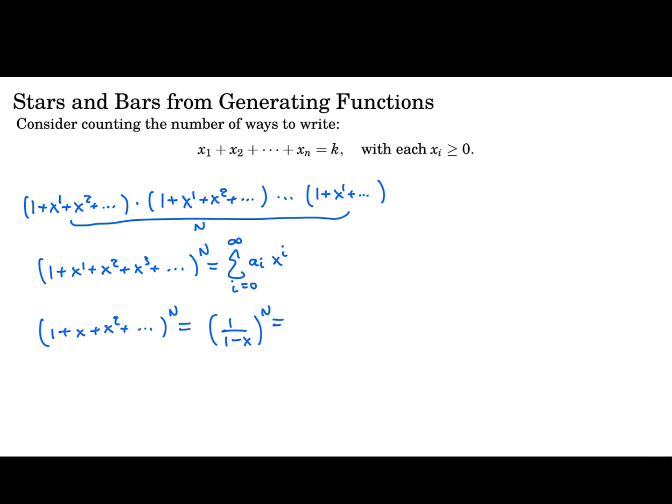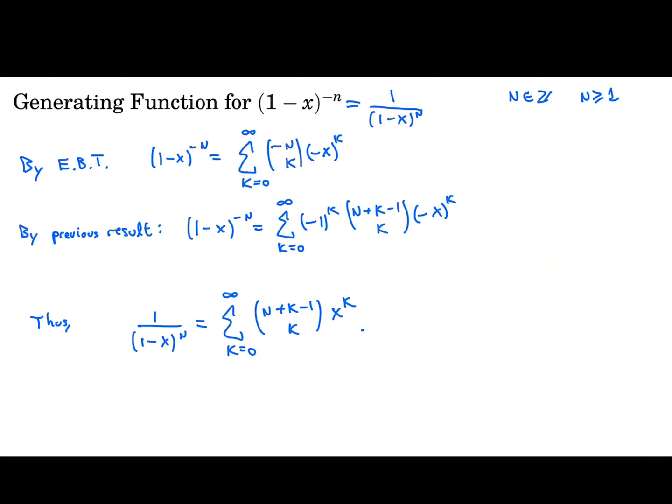So this is just 1 over 1 minus x to the power of n. And we just saw the generating function for this. We saw that the generating function for 1 minus x to the power of minus n, or 1 over 1 minus x to the power of n, is given by n plus k minus 1 choose k.